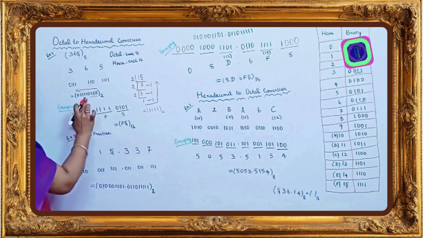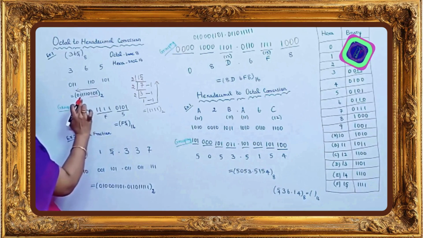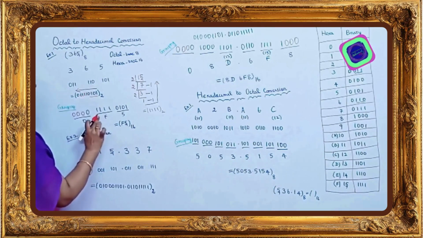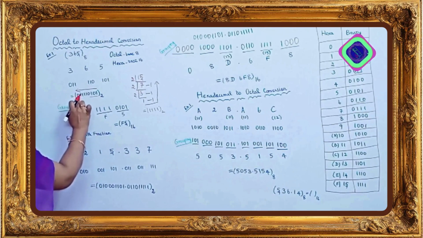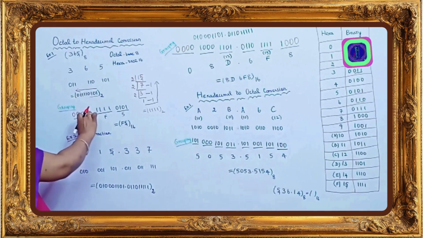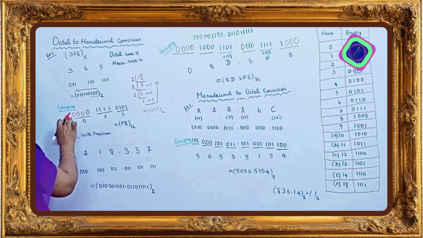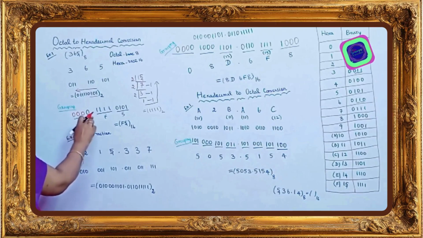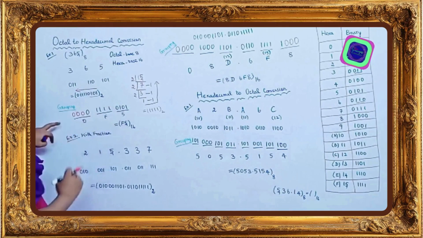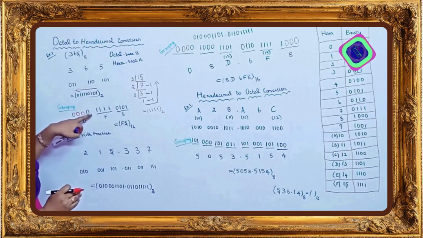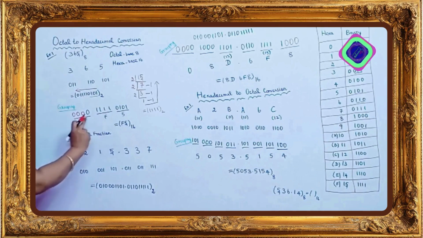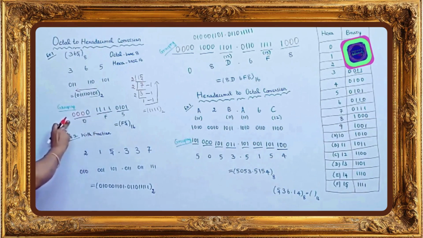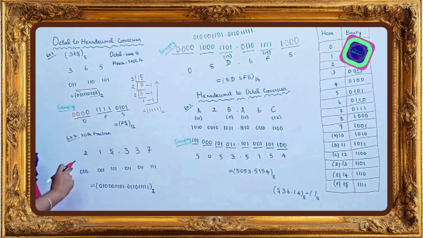The next 4 binary digits are 1111, which are grouped here, and at last we are left with only one zero. In order to convert to hexadecimal, we have to add 3 zeros. It doesn't have any value here, but according to the rule, for converting to hexa, we add 3 zeros on the left side.